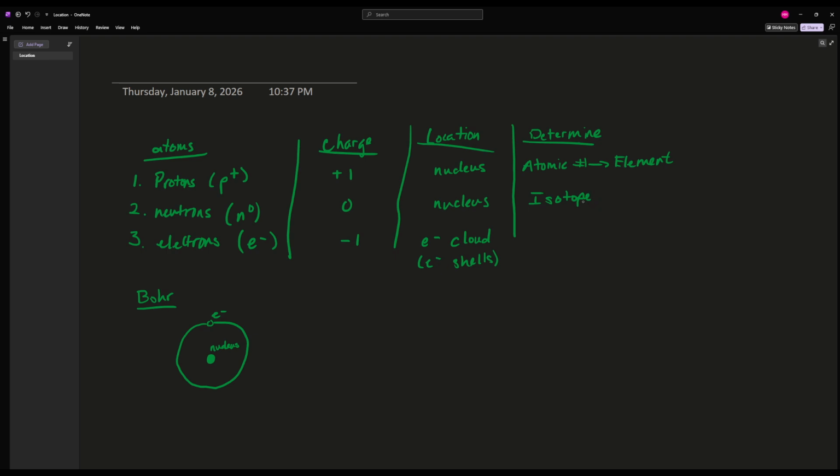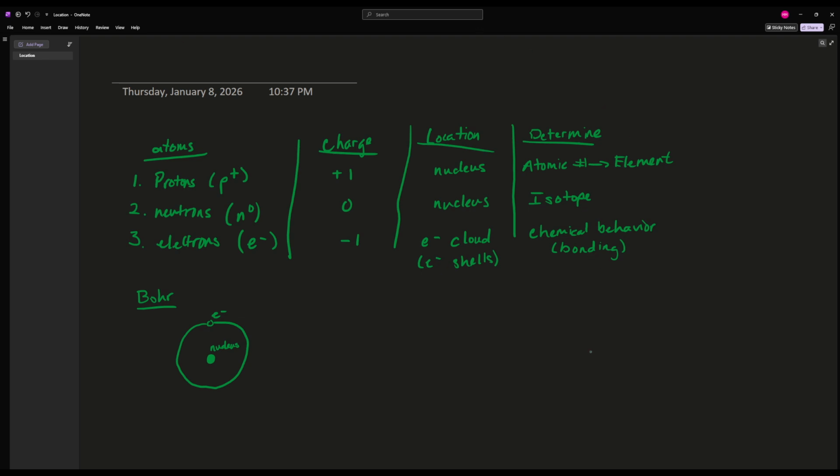Isotopes are the same element with different atomic masses due to different numbers of neutrons. And electrons will affect the chemical behavior of our atoms, including bonding. We're going to return to bonding in just a bit.